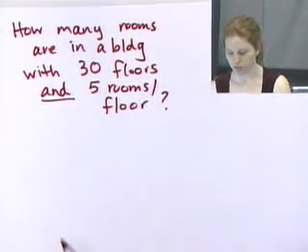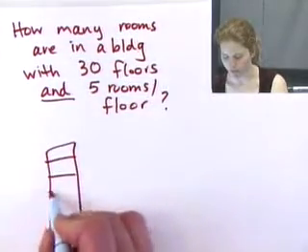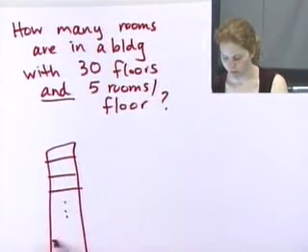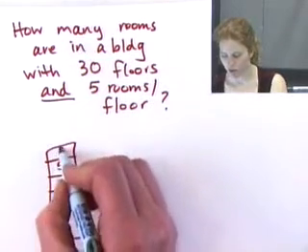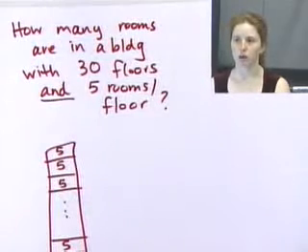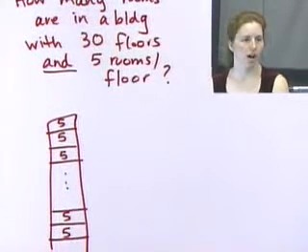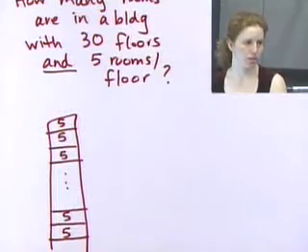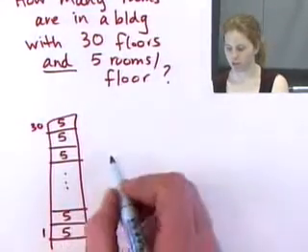In this case, it's kind of a simple problem, right? I would have a building, kind of lopsided. And on each floor, there's 5 rooms. So even without knowing the product rule, I would look at this and go, okay, I need to add 5 and 5 and 5 and 5 for every floor, right? So 1 up to 30, that would be what?